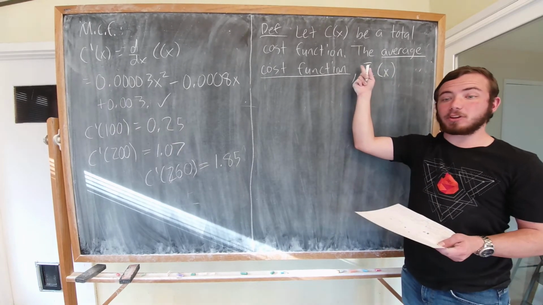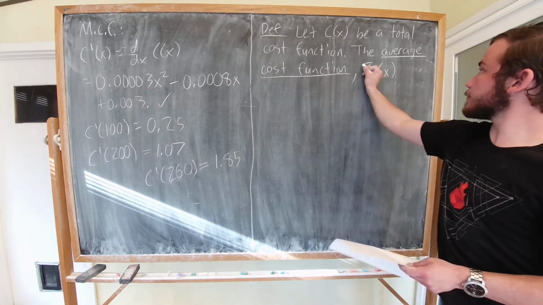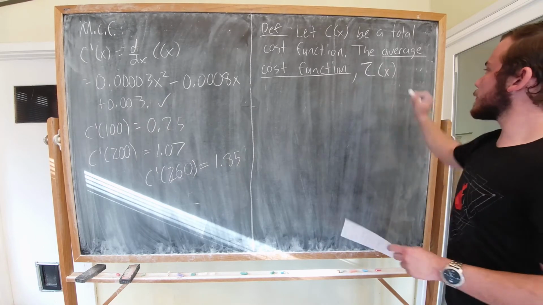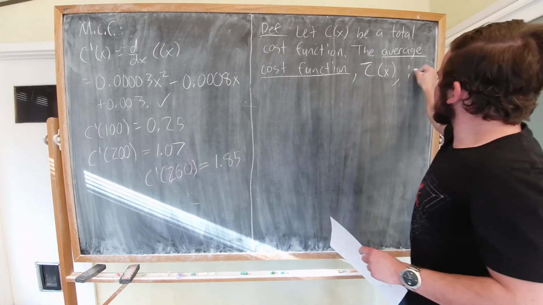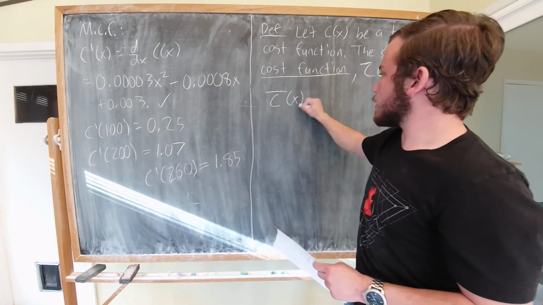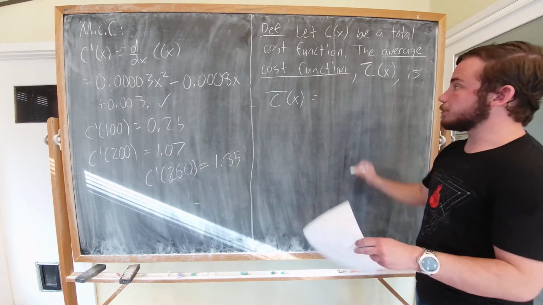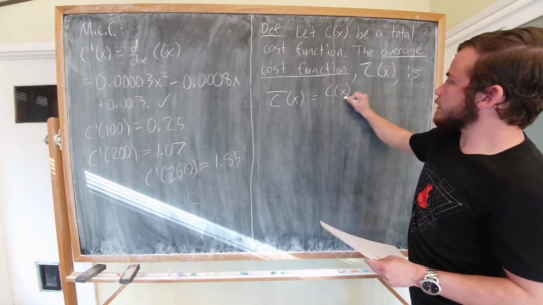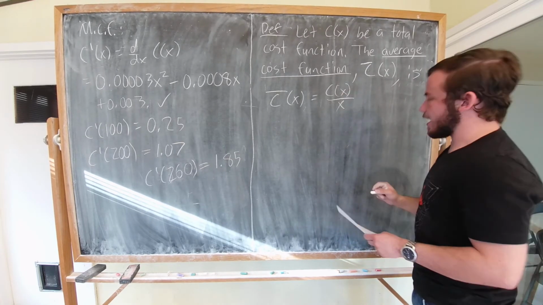So C of x, we put a little bar over the C, is, okay, so the formula for C bar of x will be C of x divided by x.